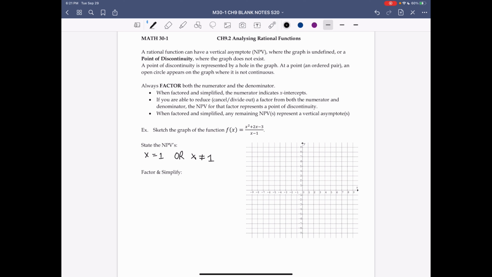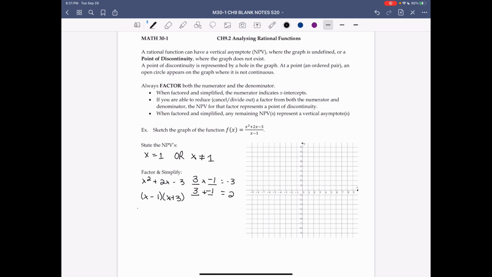Factor and simplify. So our numerator, x squared plus 2x minus 3, two numbers that multiply to negative 3 and add to 2 would be 3 and negative 1. So it factors to x minus 1 and x plus 3.